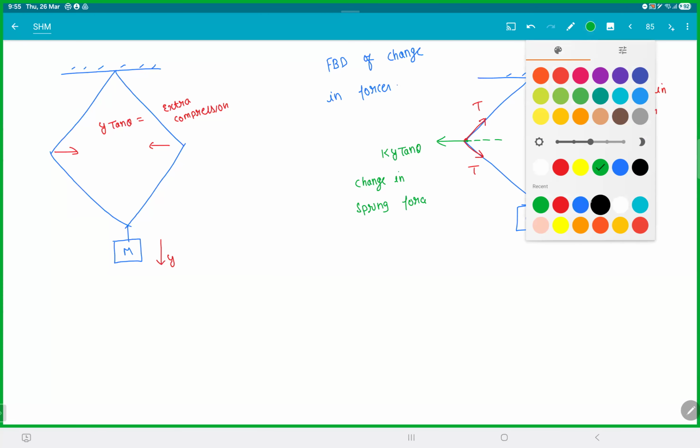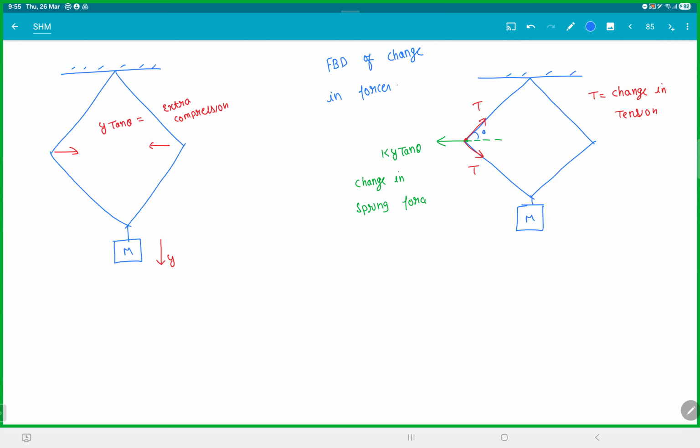If that is theta, then this would be 90 minus theta and 90 minus theta. Similarly, tension, tension. This is theta, this is theta. We are not writing mg since mg does not change. And this is your acceleration. Perfect.